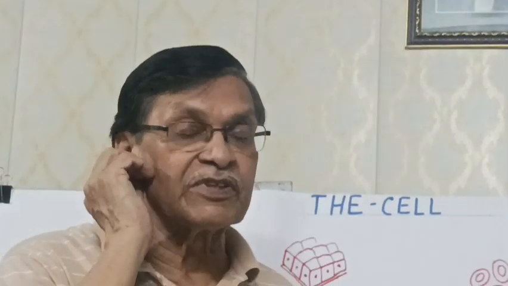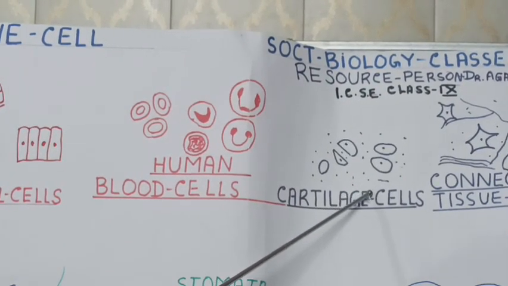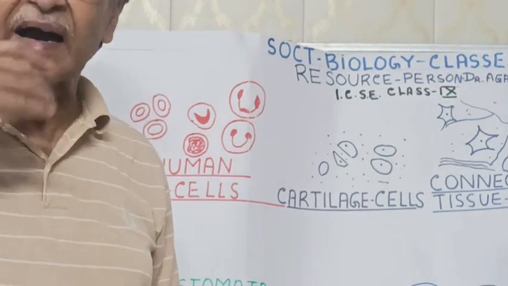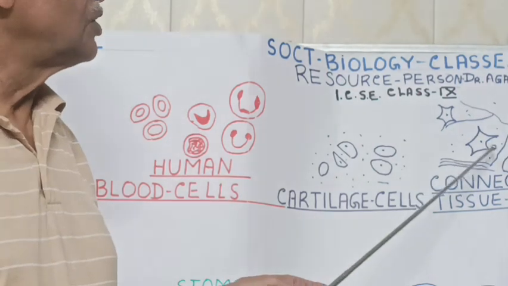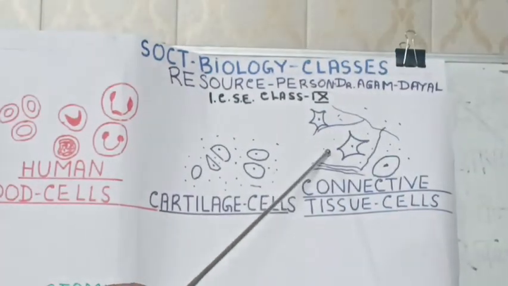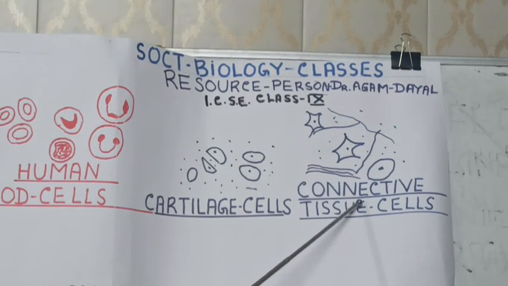In our body, we have cartilage at some places. Cartilage has isolated cells with an intercellular matrix. Similarly, in connective tissue, the packing material, we have some cells, some intercellular matrix, and some types of fibers, elastin fibers and collagen fibers.